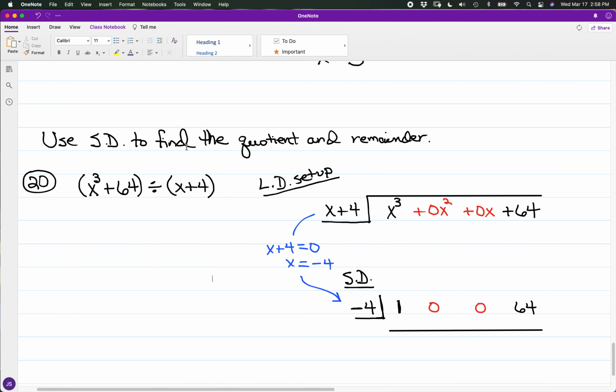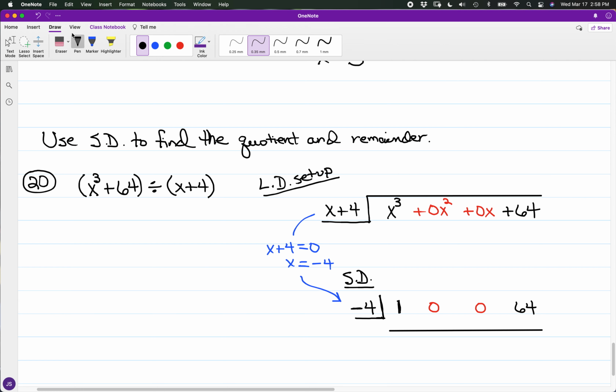Again, long division is row by row subtracting. Synthetic division is column by column addition. So you've got the 1 at the front, and I can bring this on down. Then negative 4 times 1 is negative 4. Adding 0 and negative 4, we have a minus 4. Then negative 4 times negative 4 is a positive 16.